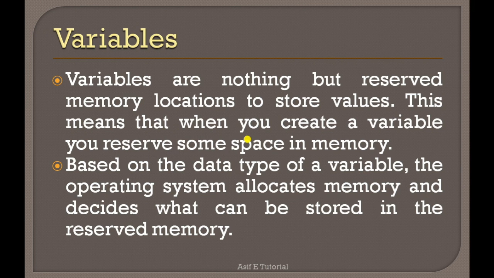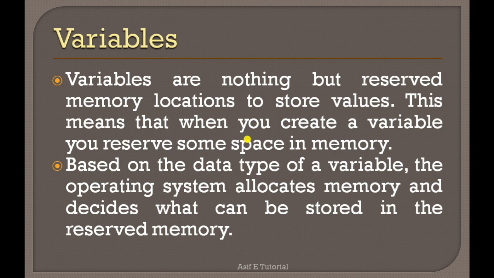Based on the data type of a variable, the operating system allocates memory and decides what can be stored in the reserved memory. It means for any variable, we have to tell the operating system what the data type of the variable is.